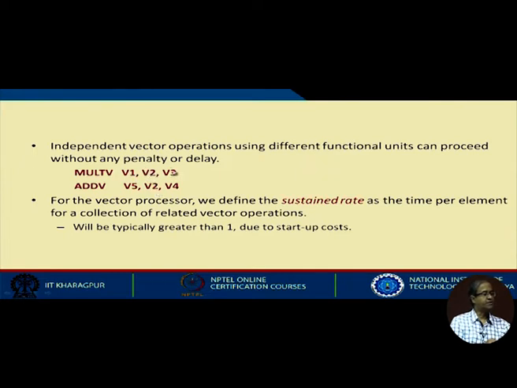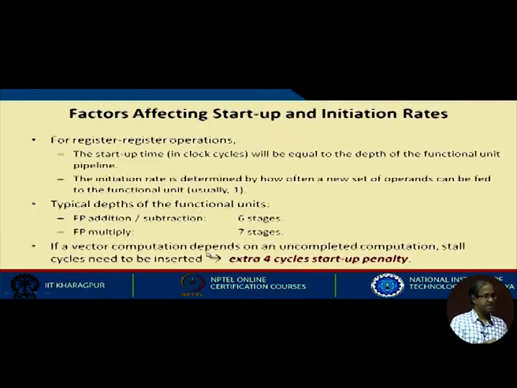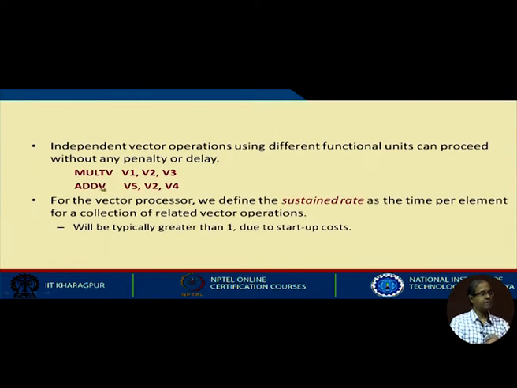This operation stores V2, V3 in V1, and this V2, V4 in V5. So, there is no dependency. For such cases you can proceed without any penalty or delay, but if there is a dependency, then as I mentioned on the previous slide, an extra startup penalty has to be given for the second instruction. Even with forwarding, you have to wait for this operation to be complete, then you can forward it here.